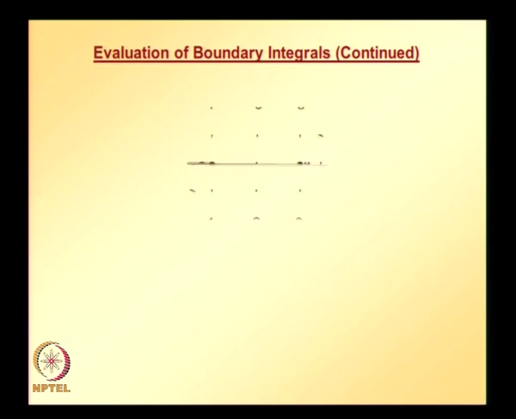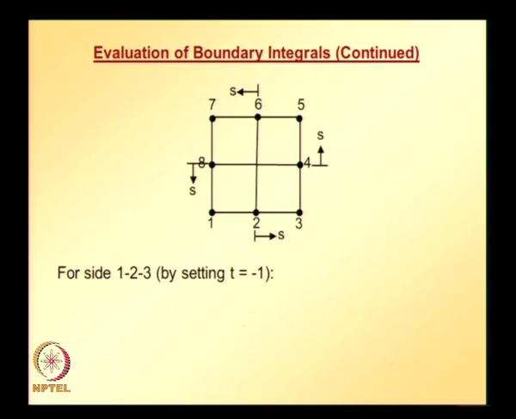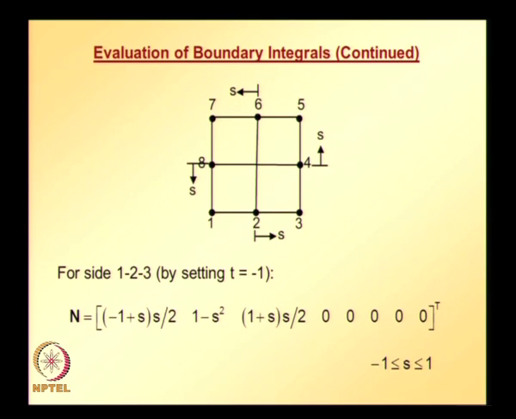So, those are given here, where s goes from -1 to 1. This is the shape function vector along side 1, 2, 3.